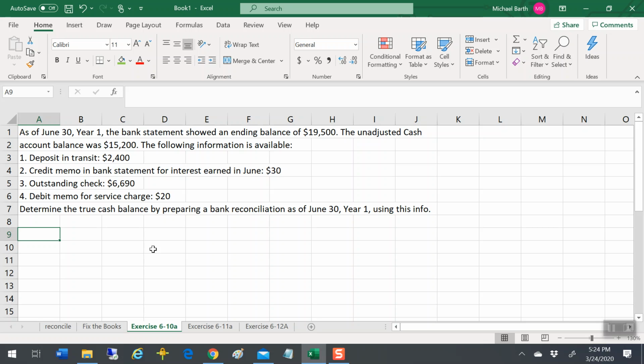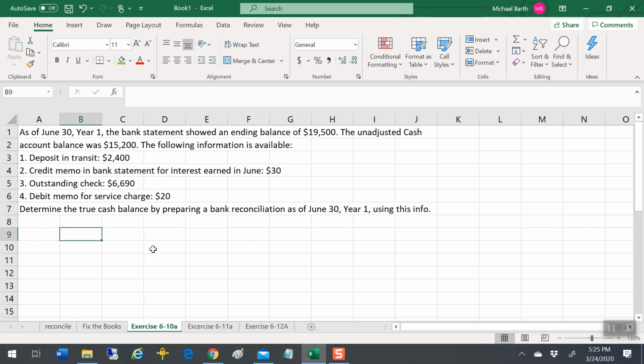That's not reflected in your accounting statements yet because you're just now finding out about it. You have an outstanding check. It means your firm wrote a check for $66.90, but the bank doesn't know about it yet. And there's a debit memo for a service charge, which means that the bank knows about it, but your accounting books don't. So determine the true cash balance by preparing a bank reconciliation as of June 30th using this information.